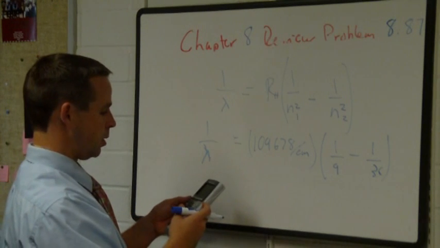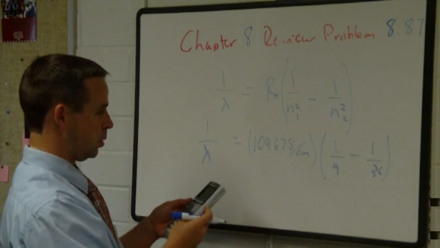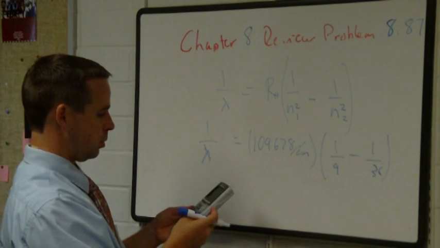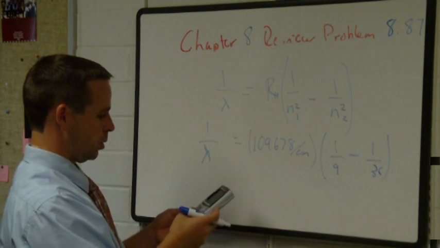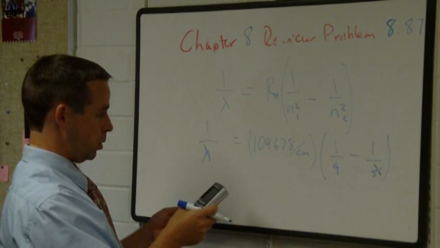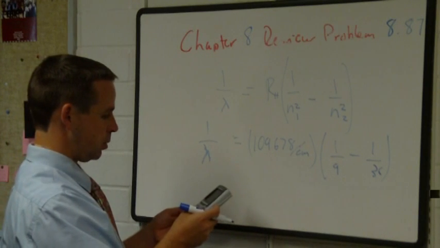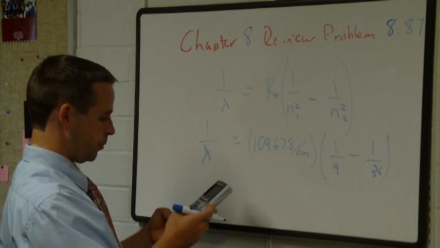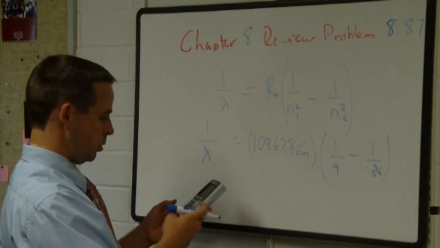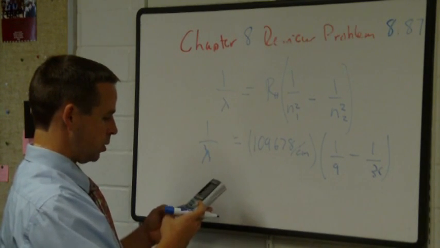Are we getting that right there? No, something happened here. What happened wrong? Getting a negative number, and 1/9 minus 1/36 should not be a negative number. So let's try that again.